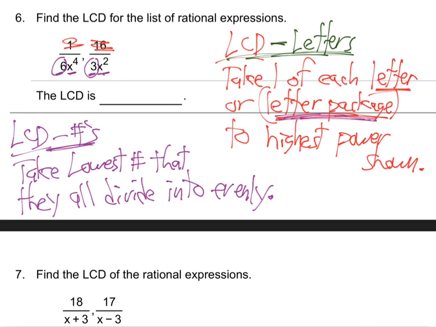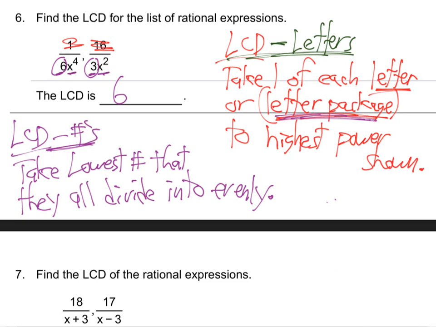You with me on that? 6 goes into 6 and 3 goes into 6 evenly, don't they? So 6 is the number part of the LCD. It's the lowest number they both go evenly into.